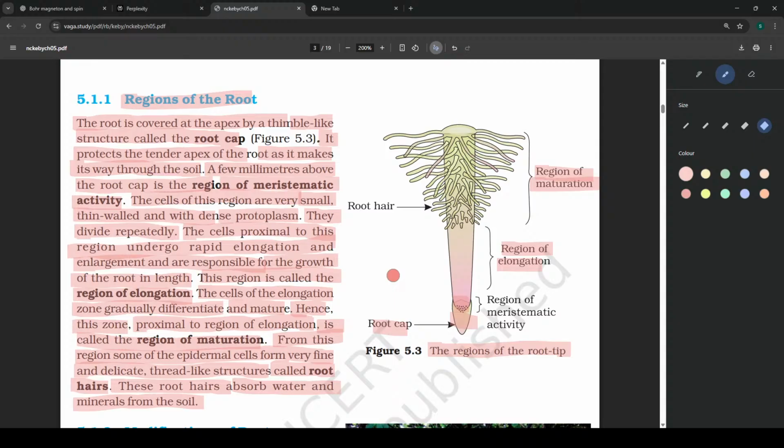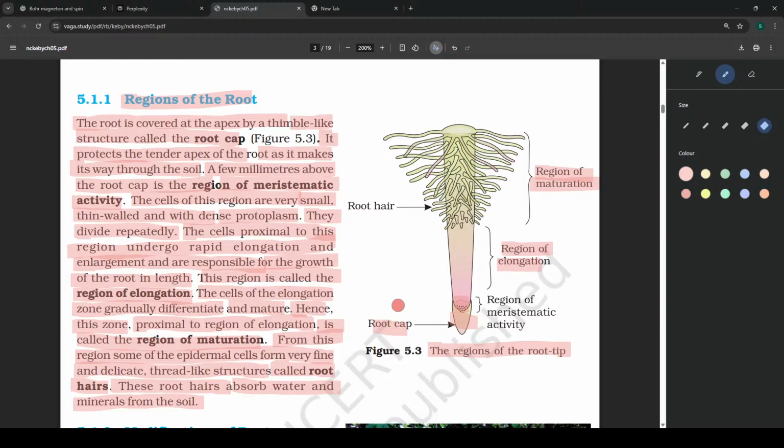Differentiate meaning lose the ability to divide, and mature. That is why the zone proximal to the region of elongation, above it, is the region of maturation, where the cells have lost the ability to divide and are at their maximum size.